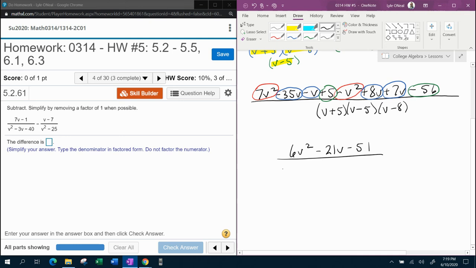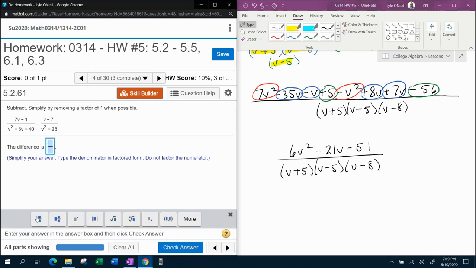All over the common denominator. V plus 5, V minus 5, V minus 8. Now, there is a chance that that numerator would factor and simplify, but I am going to guess that it's not. So I'm going to go ahead and put that in. Although I know it says simplify your answer, I'm going to hope that that's simplified completely.